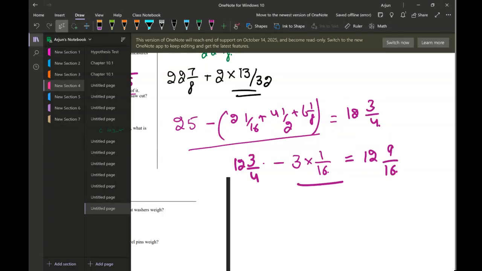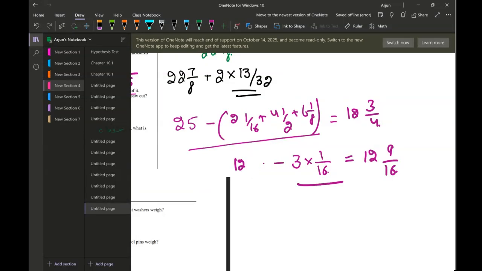So maybe I made some mistake, 25 minus 2 and 1 over 16, and then 4, 1 over 2, and then 6, 1, 8. Okay, that is the number 5. Okay, this is where I got it wrong.